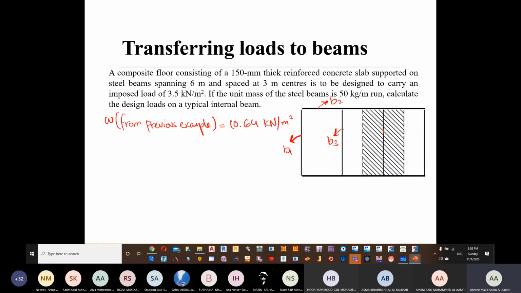Now, beam number 1, you can see if we try to draw the yield line, beam number 1 is going to take a trapezoidal. Beam number 2 is going to take a triangle. Beam number 3 is going to take 2 trapezoidals actually.